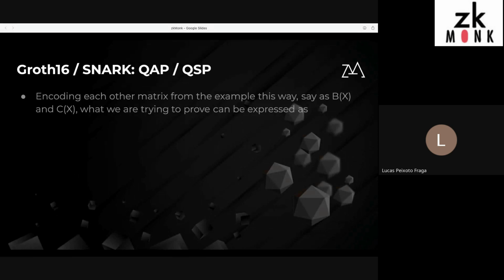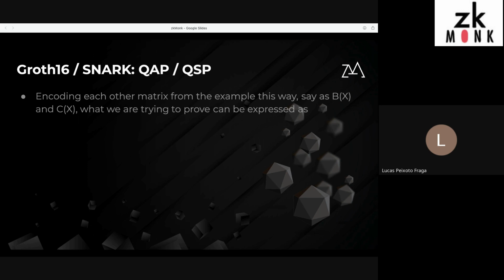So say that we have, now we have matrices A, B, and C encoding the left variables from the R1CS, the variables from the linear combination on the left side of the equations from the R1CS, the first linear combination on the right and the second linear combination on the right.